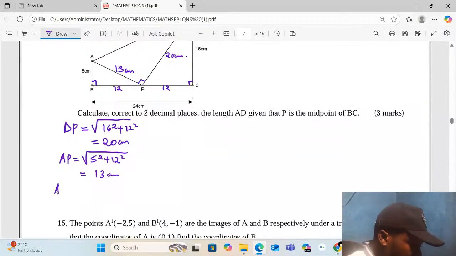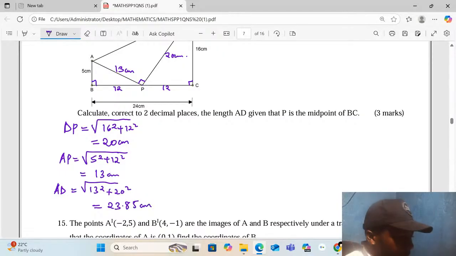AD becomes the square root of 13 squared plus 20 squared. That is how you arrive at 23.85 centimeters. Remember to put your answer in 2 decimal places. So in 2 decimal places, this is what you get as your answer.